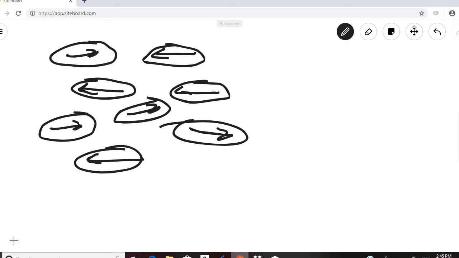So in other words, the magnetic fields will cancel each other out, and this will not be a magnet.